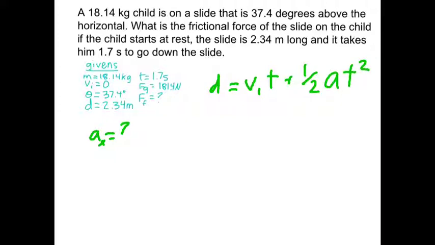So distance is 2.34, which equals 0. So since vi is 0, that changes that part of the equation to 0. So then we have 1/2 the acceleration times 1.7 squared.